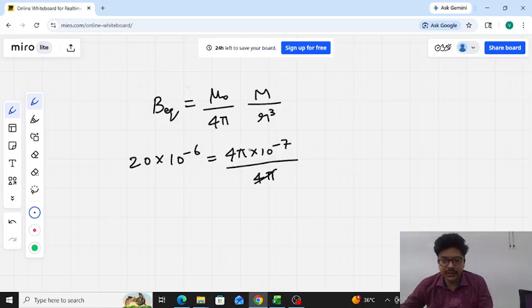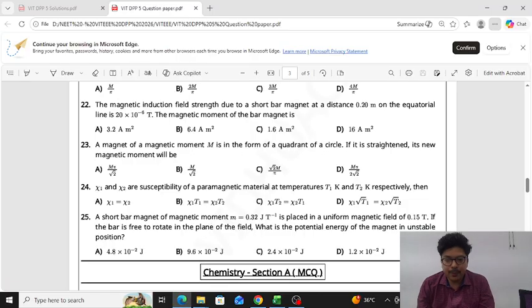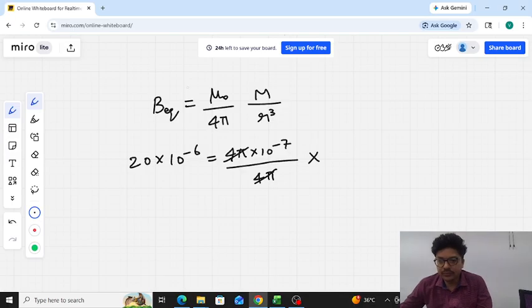So this one gets cancelled, into the magnetic dipole moment. They are asking what is the magnetic dipole moment, right? They have given the distance is 0.20 meter. So here you will get 0.2 whole cube.